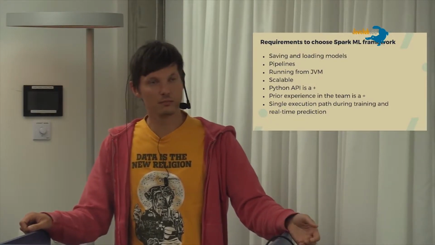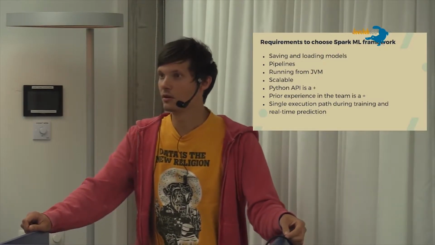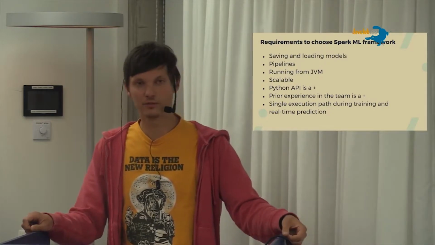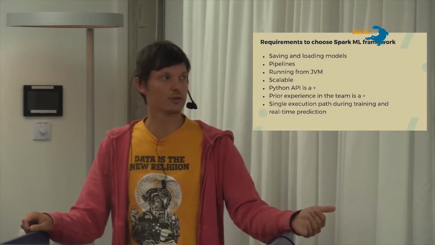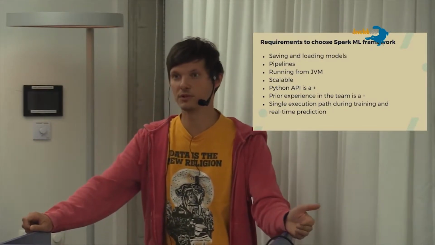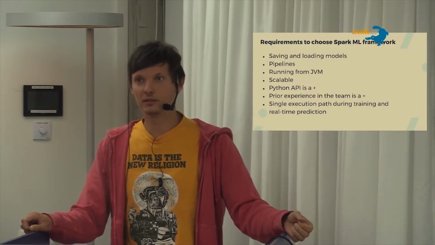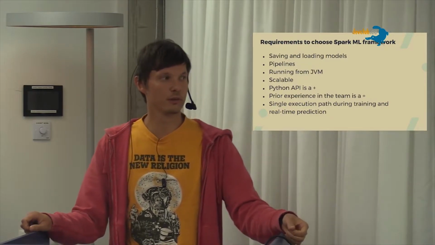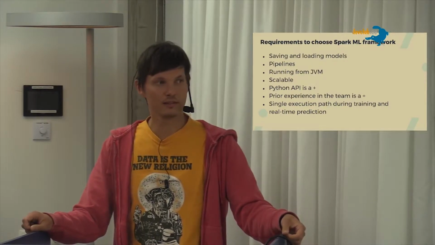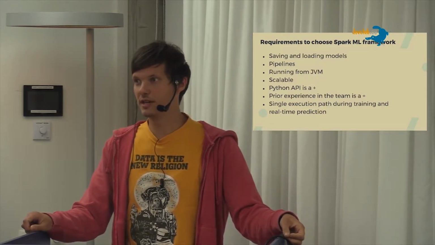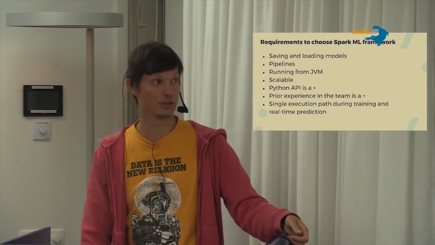The framework should scale up to hundreds of thousands, hundreds of millions, or billions of examples. A Python API would be a plus for sure. Prior experience with the framework is also a plus. And the last, but probably the most important thing, was that we wanted a single execution path during training and production when we are running models in production.